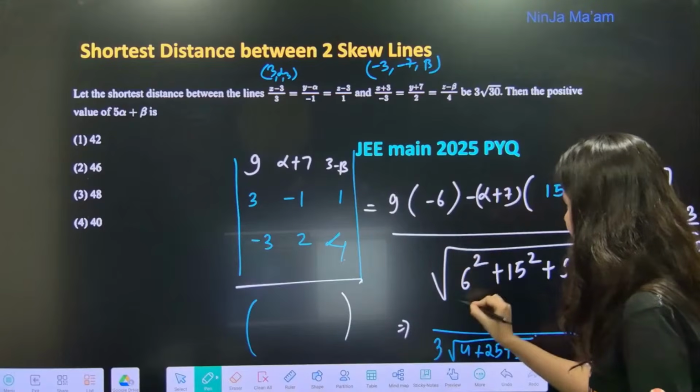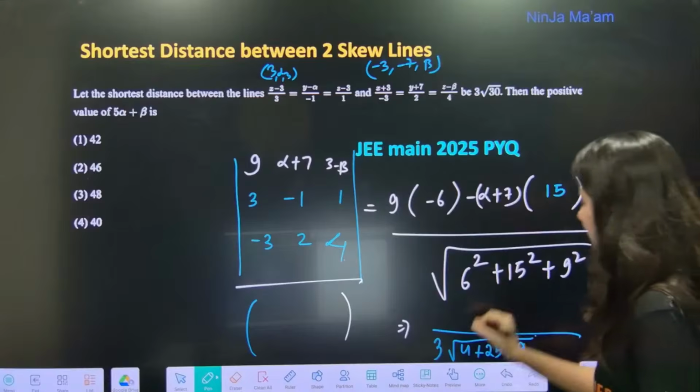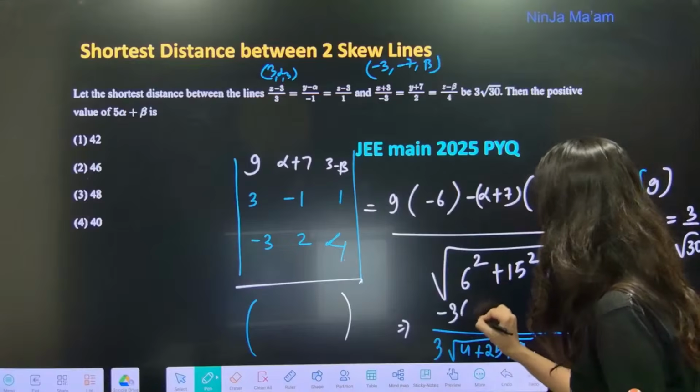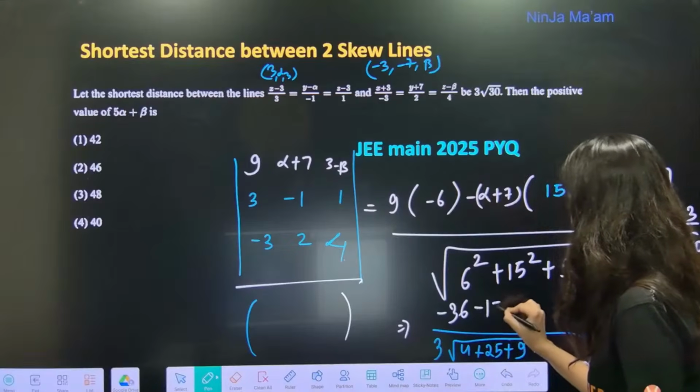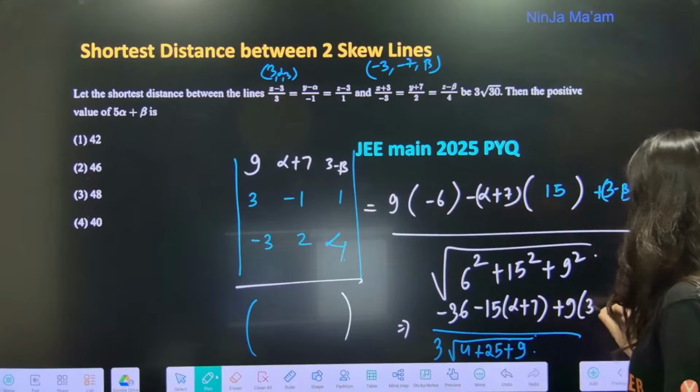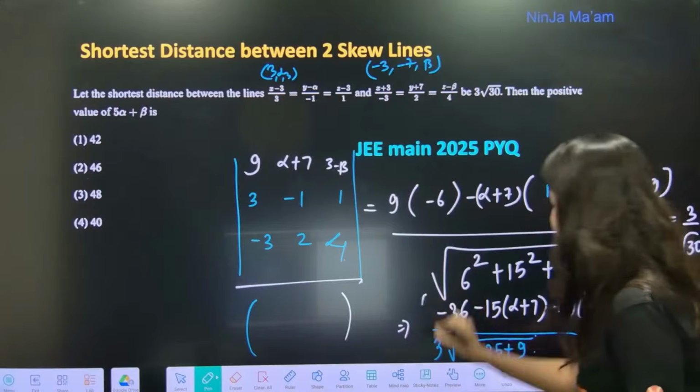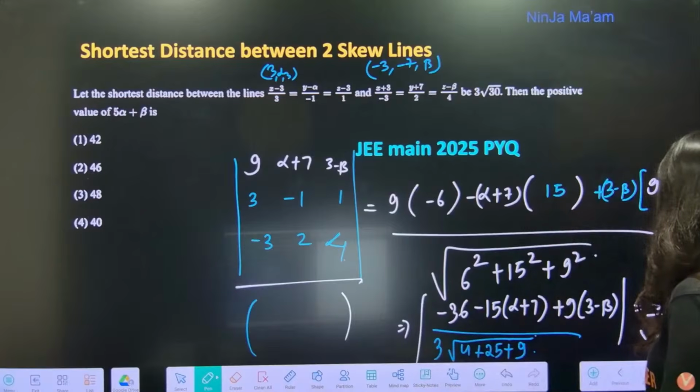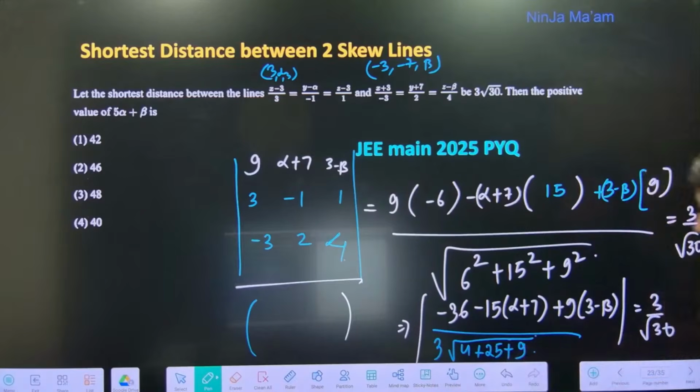So 9 6s are minus 30. So this is minus 36 and then minus 15 alpha plus 7 plus 9, 3 minus beta is right there. Mod, let's not forget, it is equal to 3 by root 30. What is this? Tell me. 25, if I take 3 out, it will be 6, 15 and 9, correct?